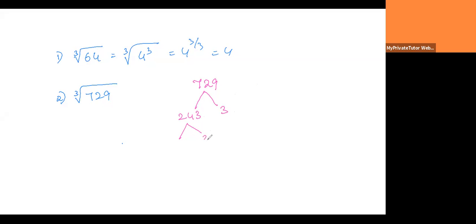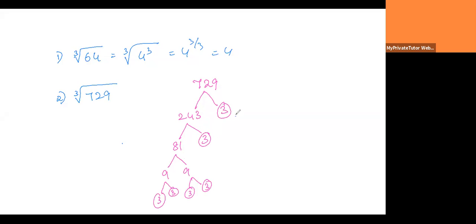Okay, that's the only thing. And can we go with 3 again? I think we can. 243 divided by 3 is what? 81. Okay, 81 threes are 243. And 81, I hope everyone knows, is nothing but 3 times 27, or else you can do 9 times 9 if you want, and then split both. 3, 3, 3, 3. So you can see how many threes you got.